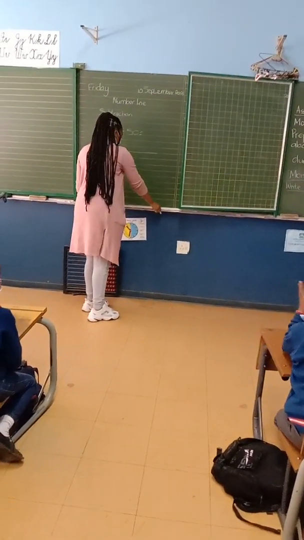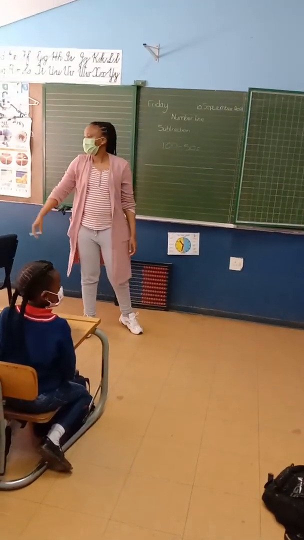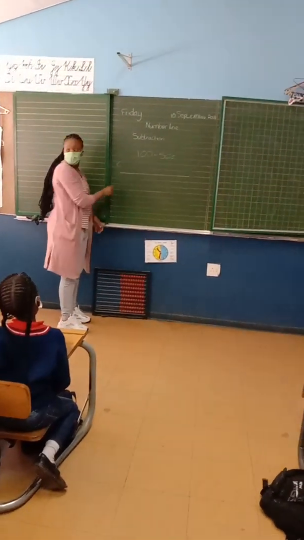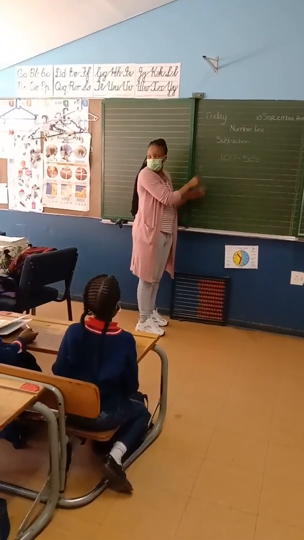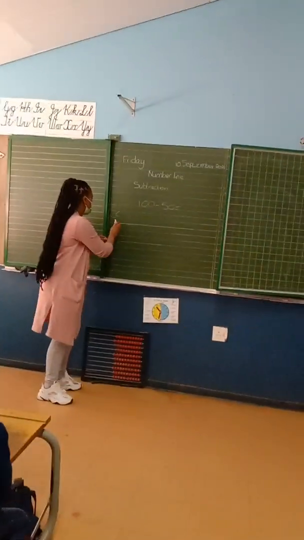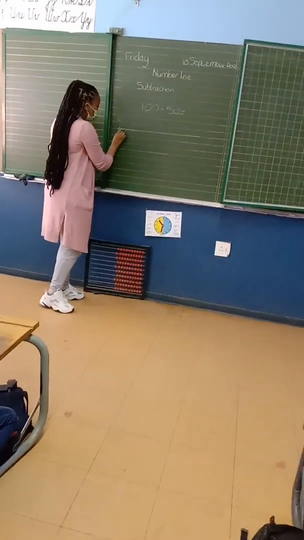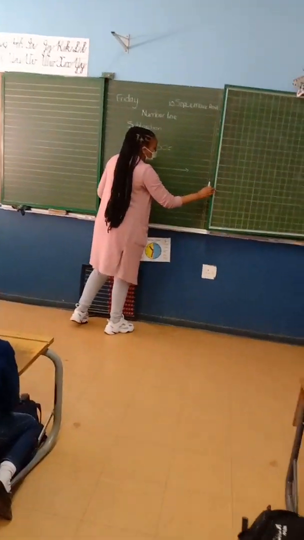What's the second thing to do? Arrows. On top. Alright. So on the line, we make arrows, yeah? And then what's the next step?